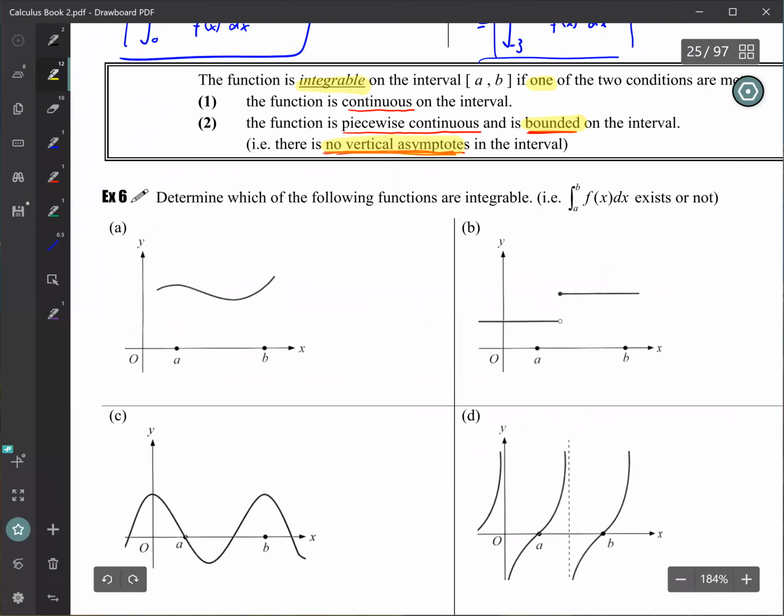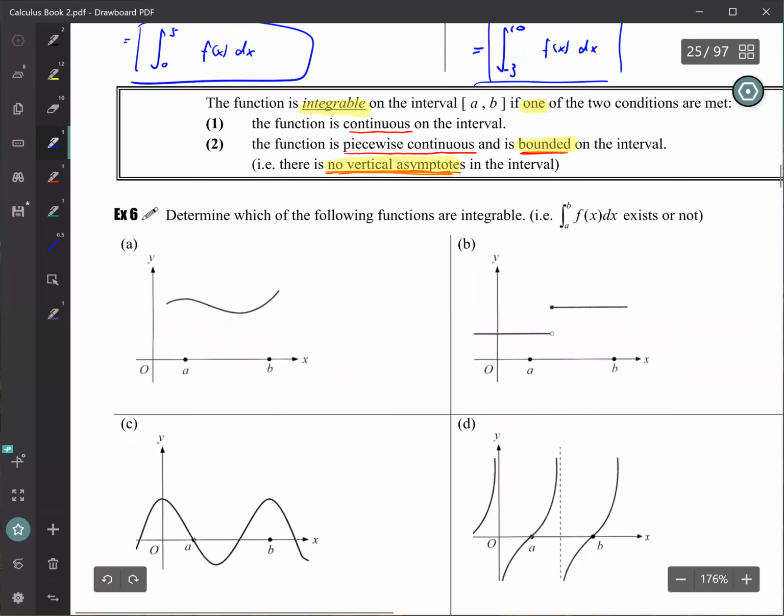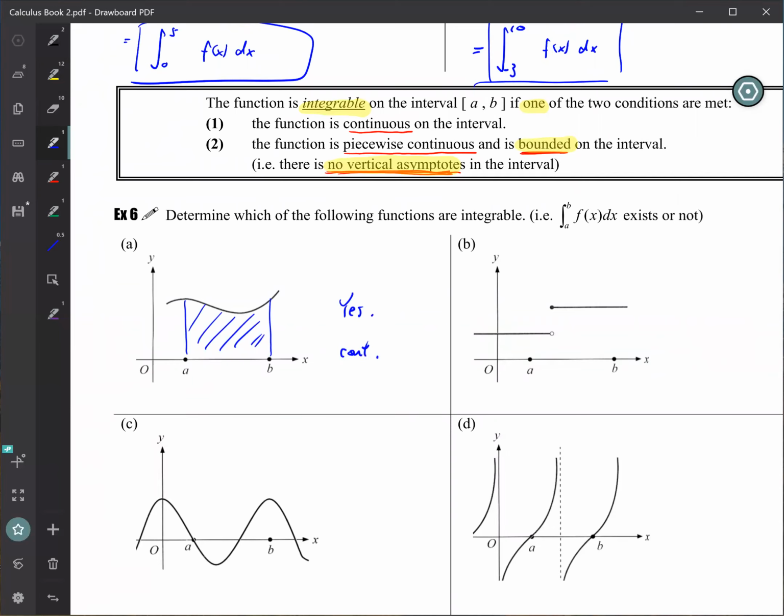Okay, so let's look at the following ones. Question A, is it integrable on A to B? Yes. That one is continuous, right? So this one, yes. Question B, is it integrable from A to B? So this one is what we call piecewise continuous, even though it's not continuous, right?